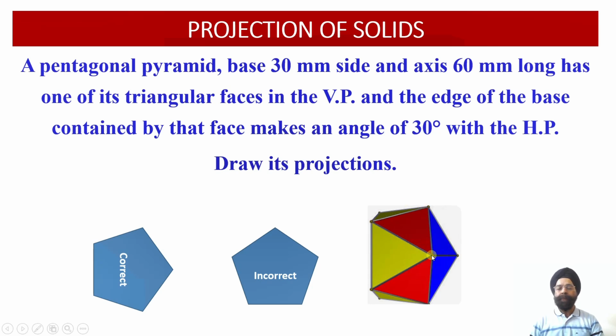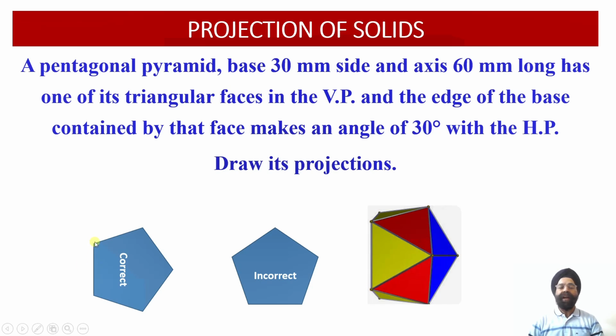Then we are going to rotate this pentagonal pyramid with respect to the vertical plane by moving the apex from this point. And as we move this apex, and incline this triangular face in such a way that as we are moving the apex in the vertical plane, this triangular face will in turn be contained by the vertical plane after the first inclination of this pentagonal pyramid with respect to the vertical plane.